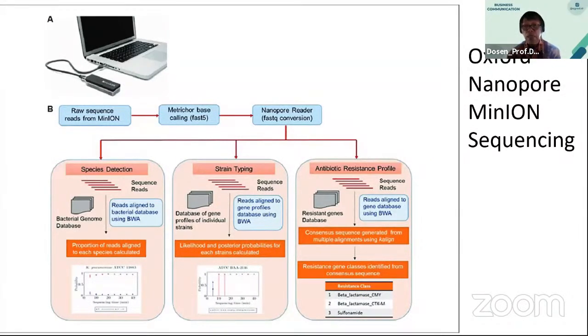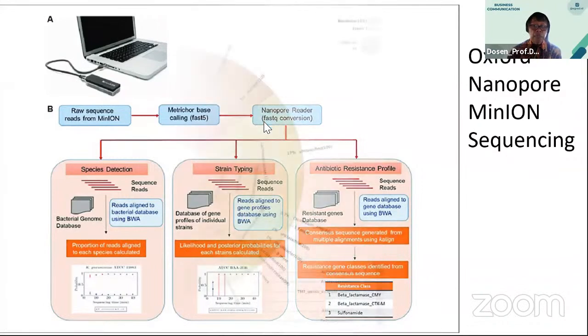We can do that using the Oxford Nanopore MinION sequencer. So just connecting our endpoint to a PC or laptop, and then let it run in less than 24 hours. We can get what we want to analyze.